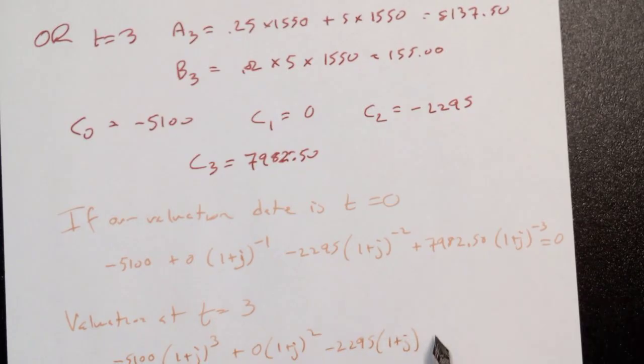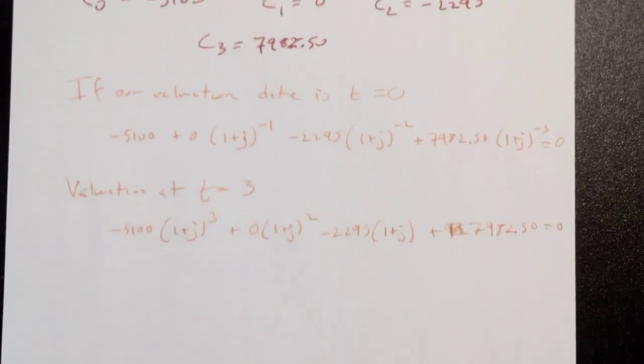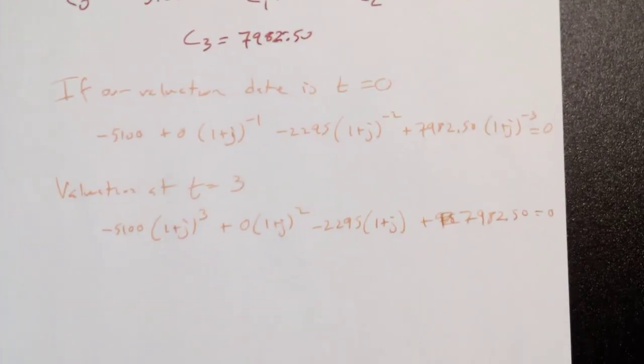But the 7982.5 doesn't. Please notice that those are the exact same equations. If I take the top one and multiply it by 1 plus j to the third, I get the second one. They're exactly equivalent.